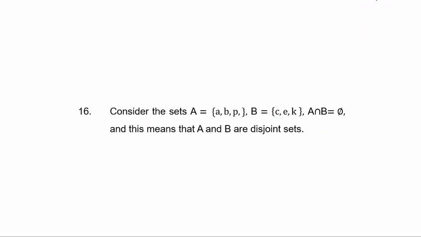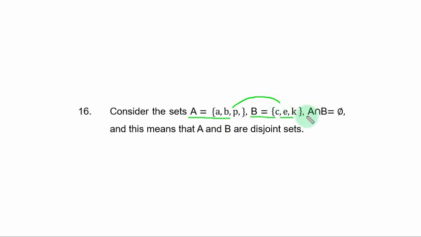sets. Example 16. Consider the sets A with elements a, b, p, and set B with elements c, e, k. If you check sets A and B very well, they have no element in common.